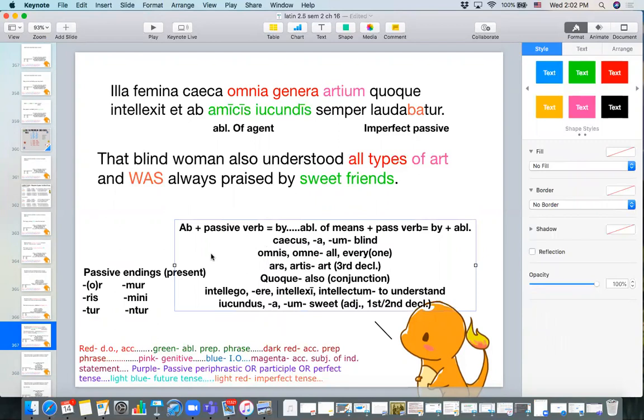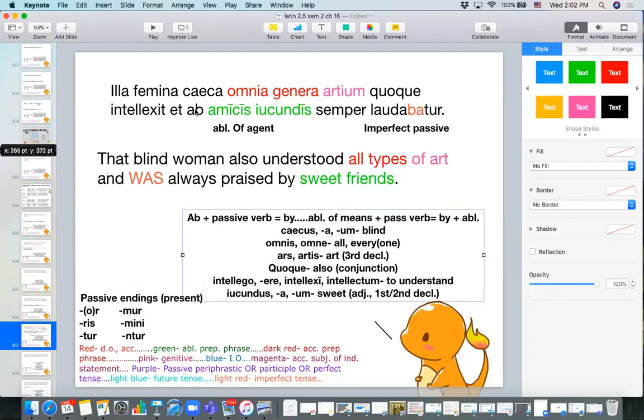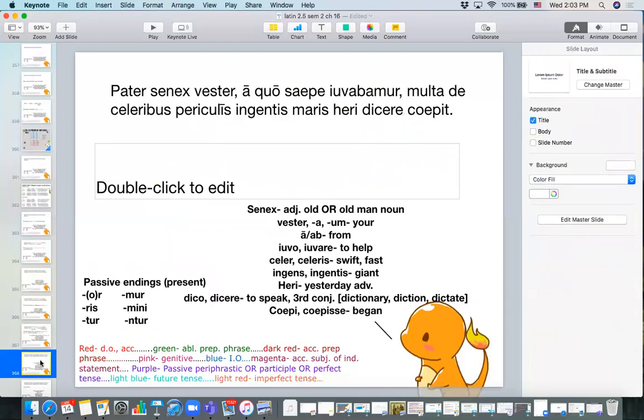Sorry, my grammar starts to fall apart at this part of the day. So that's what amicis iucundis is, this ablative agent, praised by the sweet friends. Okay. Praised from the sweet friends wouldn't even make sense anyway. But ab will still mean from when it's with an active verb. But a couple things just function differently when the verb is passive.